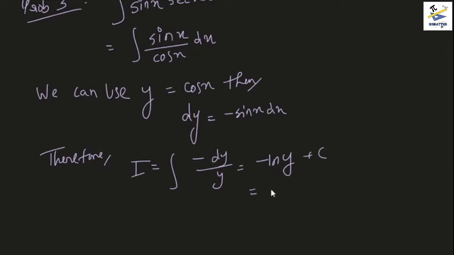If you put back the value, you get minus ln of cos x plus c, or this is also equals to ln of cos x whole to the power minus 1, because there is a minus 1 in the coefficient which can go in as power, and 1 by cos x is just sec x, so log of sec x plus c.